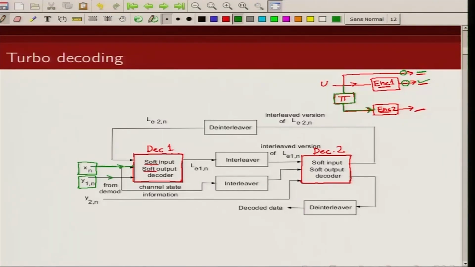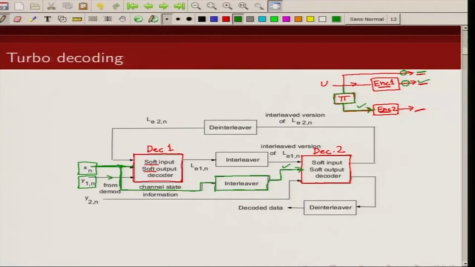So this is my received information sequence, and before I feed it to the second decoder, I am going to interleave it, so that the order of information bits that is coming here and what is being fed to decoder 2 is the same. So we do not send the interleaved information sequence in a turbo code.